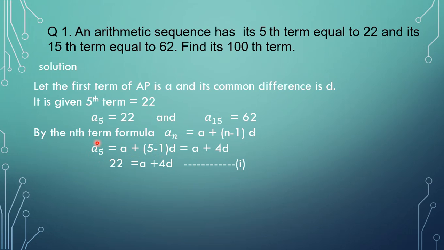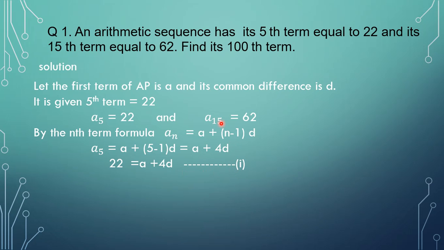So A5 is equal to A plus 4D. Now A5 is given 22, so we can write 22 is equal to A plus 4D. From this, fifth term is equal to 22, we are getting the first equation.